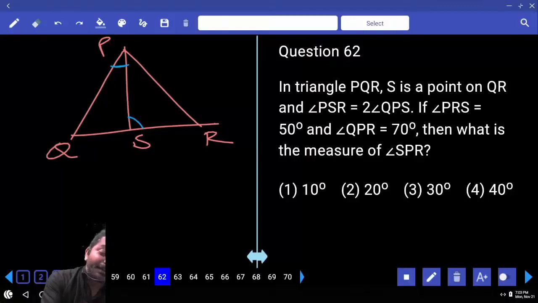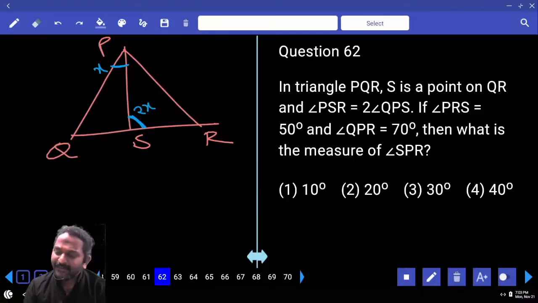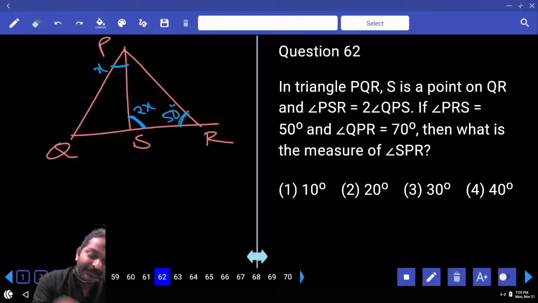If angle at QPS is X, angle at PSR becomes 2X. If angle at PRS is equal to 50 degrees, and angle at QPR, for the total triangle, is 70, then what is the measure of angle SPR?